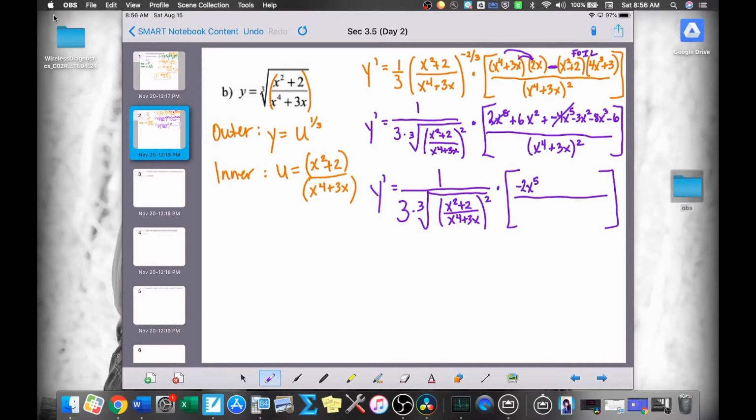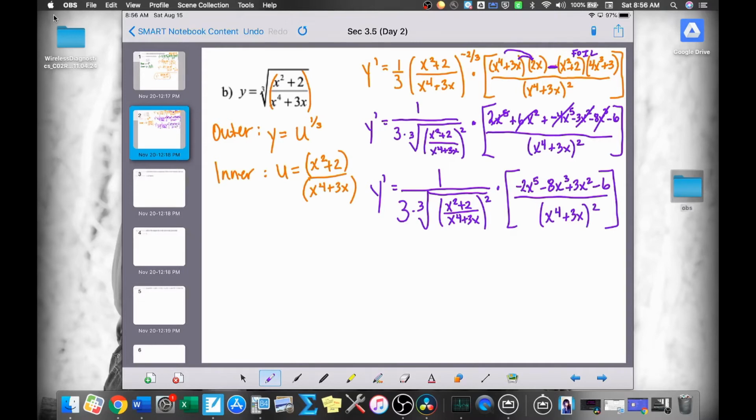I don't have any x to the 4th terms, so then my next term would be the negative 8x cubed. And then I have a 6x squared and a negative 3x squared, so positive 3x squared, and then my negative 6. And again, this is all over the x to the 4th plus 3x squared.